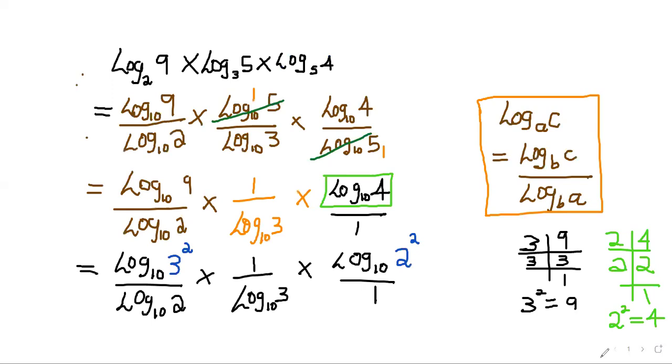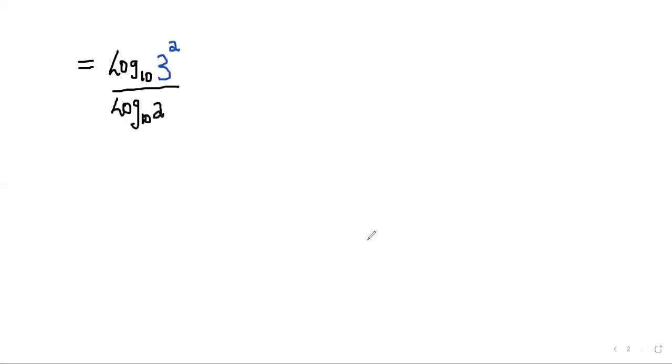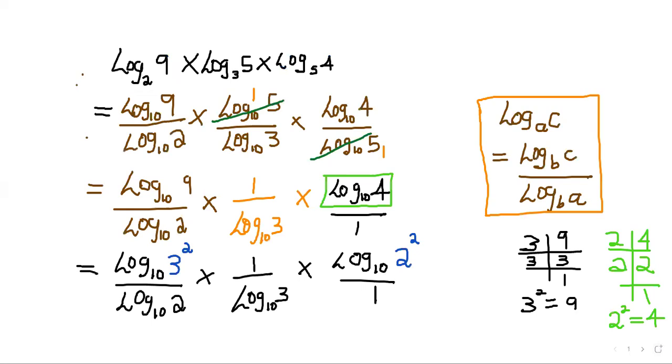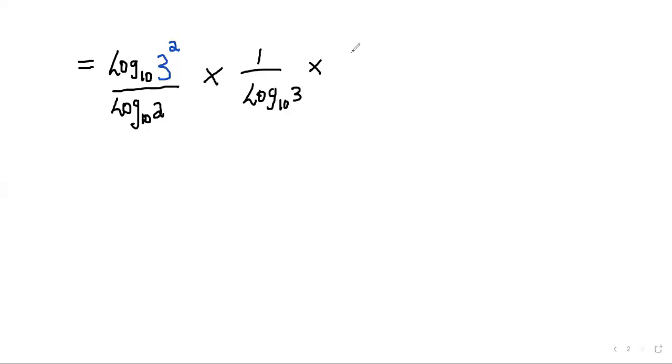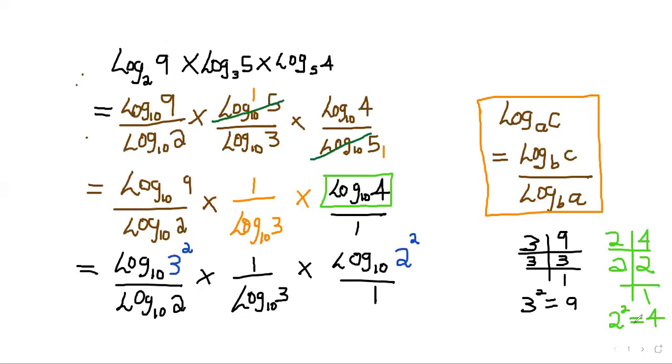And then we also have times 1 over the log of 10 base 3, multiplied by, lastly, log 10 with 2 squared. So we're going to write 2 squared there. We're also having 1. So I'm just going to take it step by step so that you can see what I write.